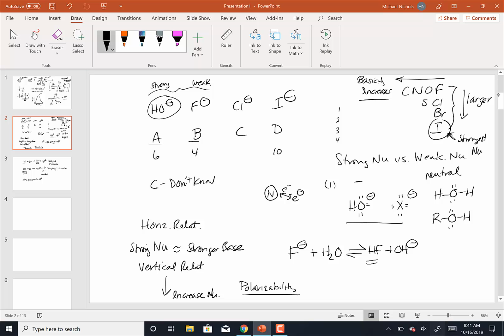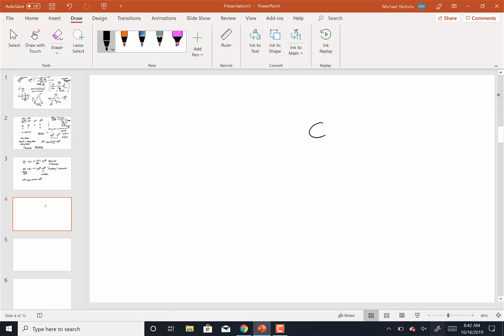What does polarizability and squishiness have to do with anything? Well, our basic mechanism for SN2 is to have the nucleophile, you asked the question, the nucleophile's electron cloud is going to come in, the nucleophile is going to donate those electrons to carbon, but how does that actually happen?